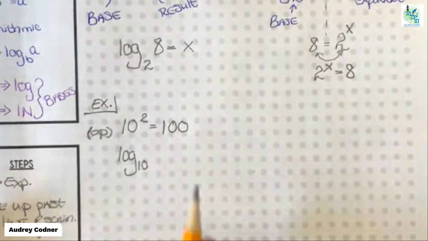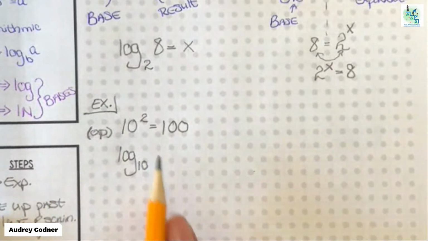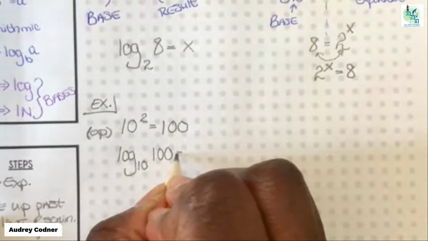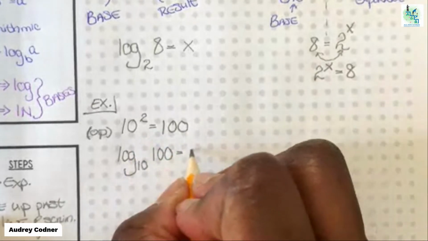Then you're going to have your result, which comes next. In our case, the result is going to be 100. And it's going to equal your exponent. And my exponent is 2.